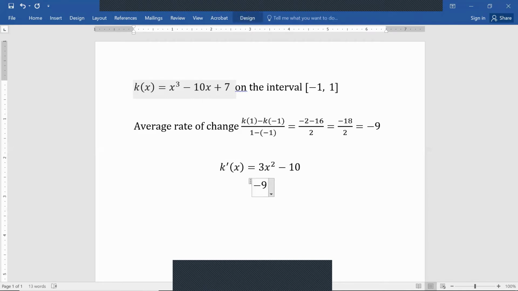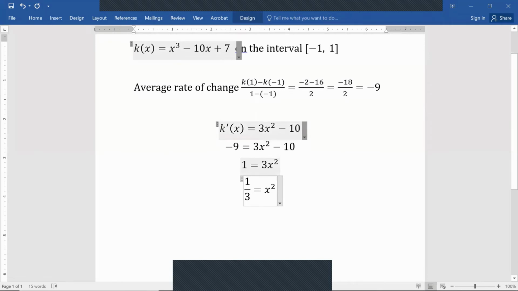We can set that equal to -9 and then solve for x. Adding 10 to both sides produces 1 equals 3x squared. Divide by 3, 1/3 equals x squared.